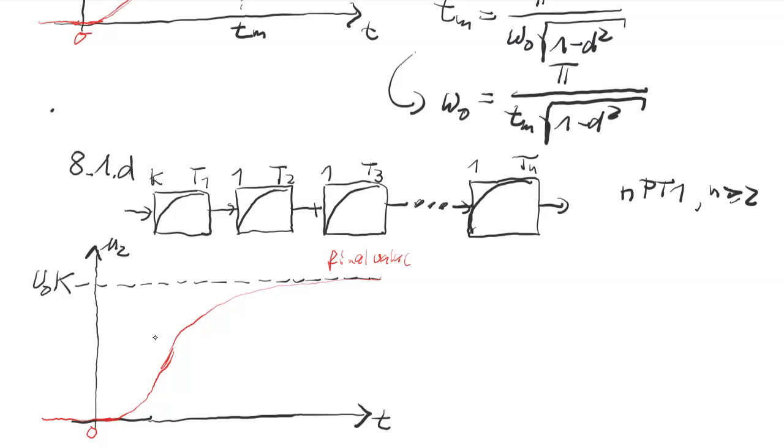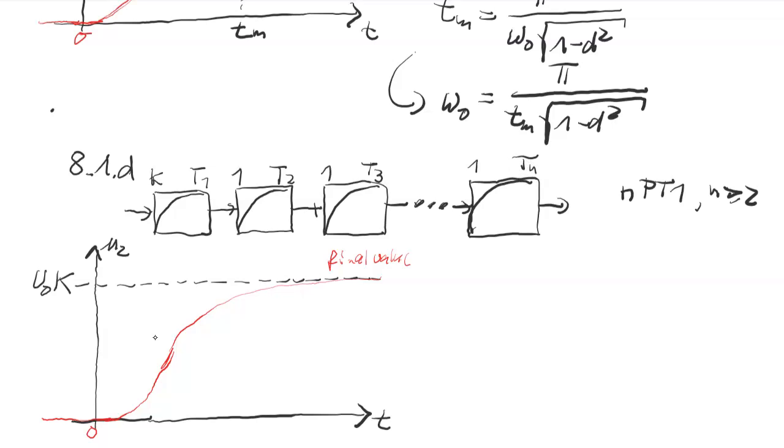This curve looks similar to this. We call this S curve. Independent of whether you have 2, 3, 4, 5,000 or any number of ends, the curve always looks the same, and then you can understand why, if the form is always the same, there is no method to identify different time constants.